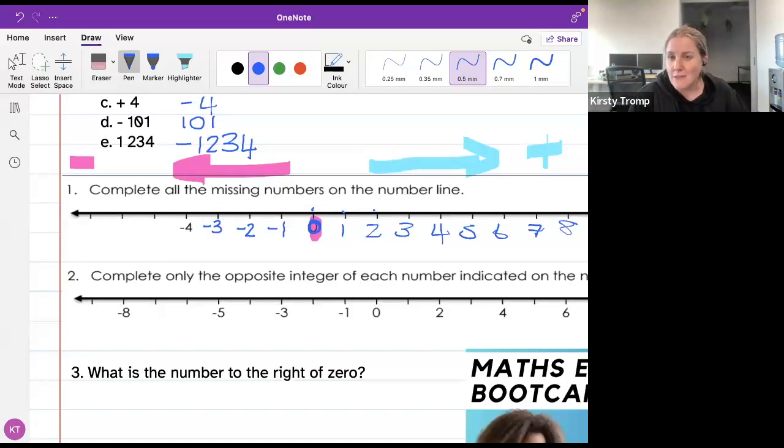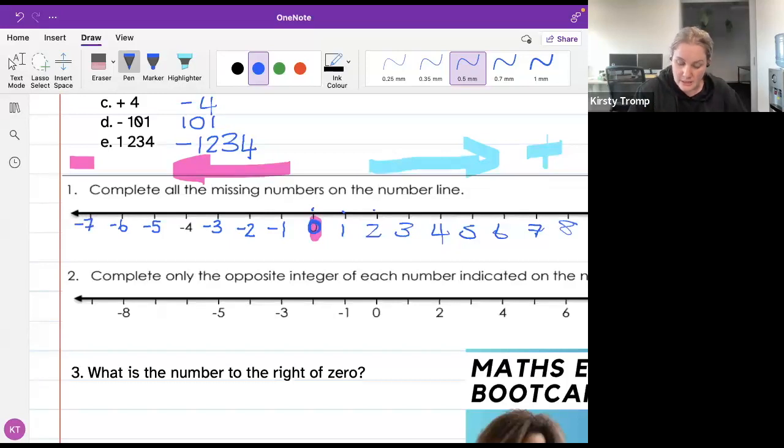And then what do we see? They've given us the next number. They told us it was negative 4. Is negative 4 the opposite of 4? Yes, it is. What will the next number be? It's going to be negative 5. Now it should be coming a little bit more natural to you. So I've got negative 1, negative 2, negative 3, negative 4, negative 5. My next number is going to be negative 6 and negative 7.